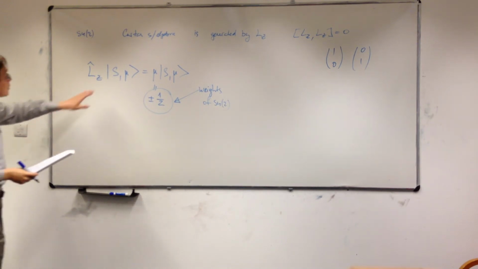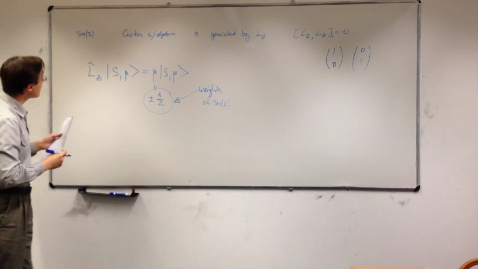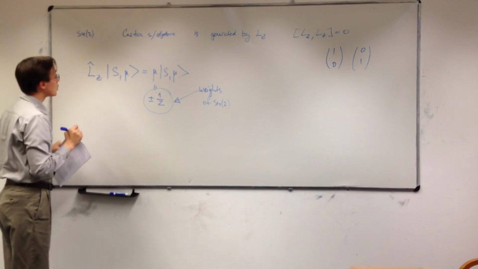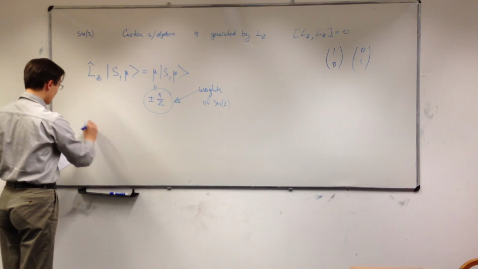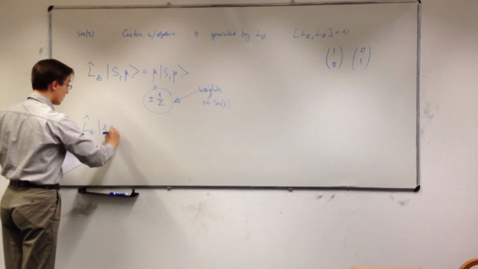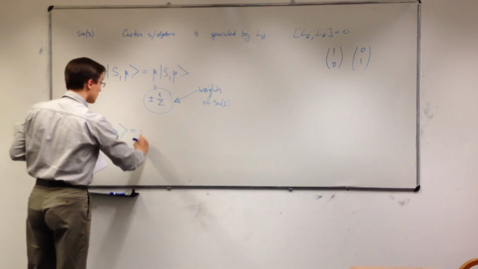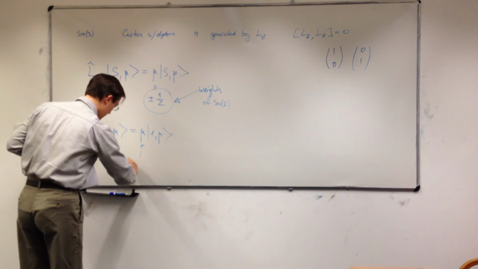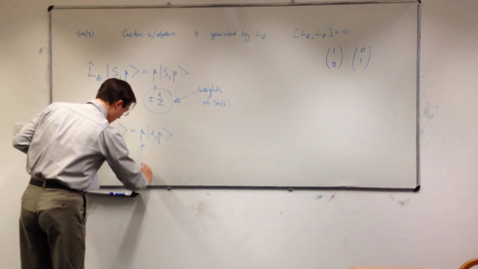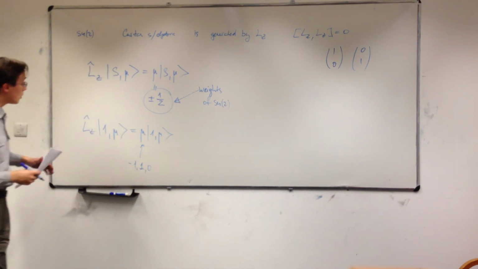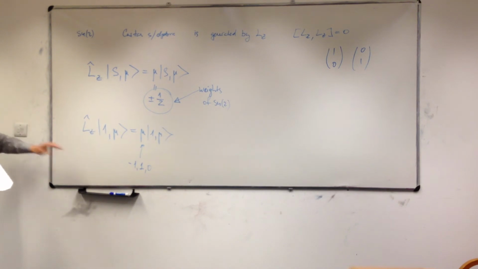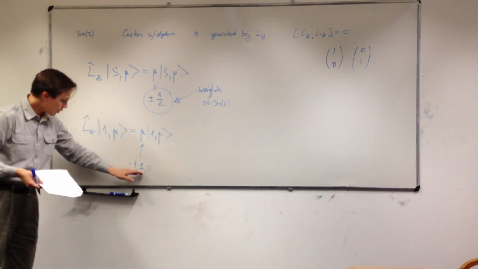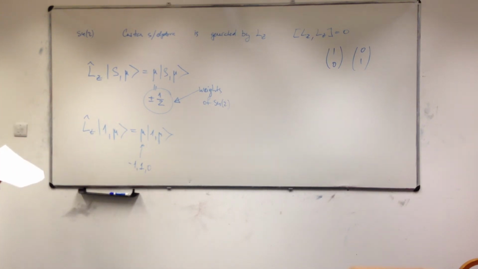If we take spin greater than a half, so let's say S equals 1, Lz |1, mu> is mu |1, mu>, where mu will be minus 1, 0, 1. So the three-dimensional irreducible representation has got 3 possible values for the weights, whereas this one only has 2.